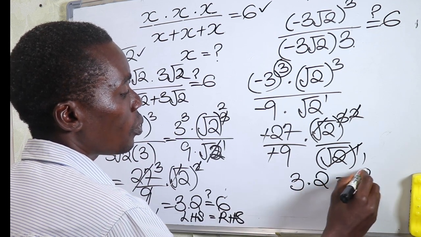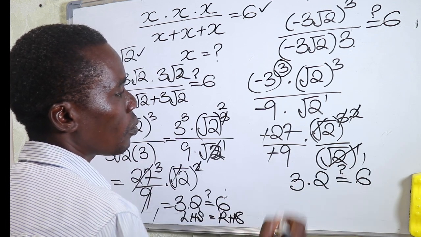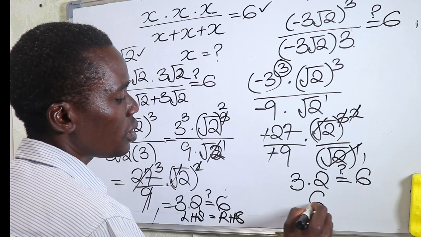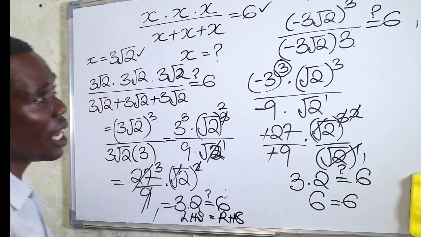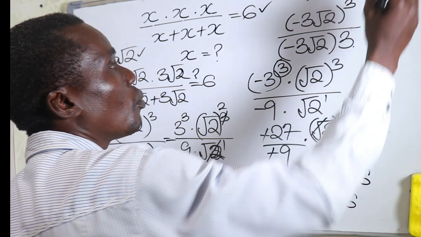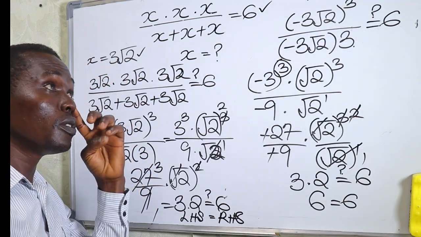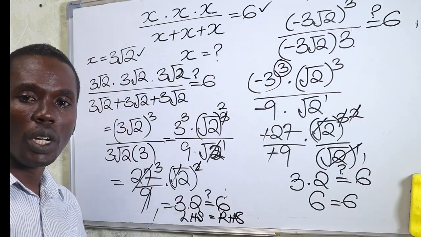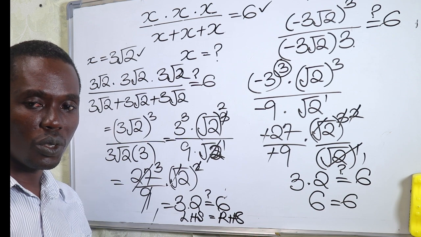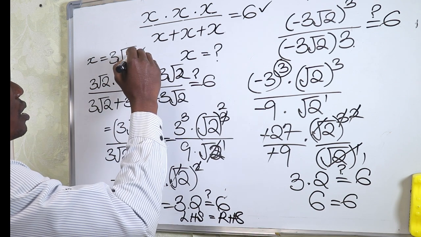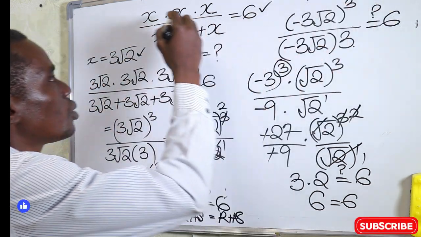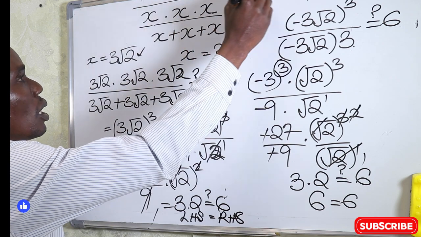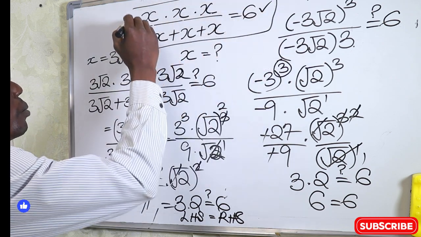And that will be equal to 6, which is equal to the right hand side. So 6 will be equal to 6, and that proves to us that x equal to negative 3 multiplied by root 2 is also a solution. So you see, this is a solution, and this is a solution to this nice exponential maths problem.